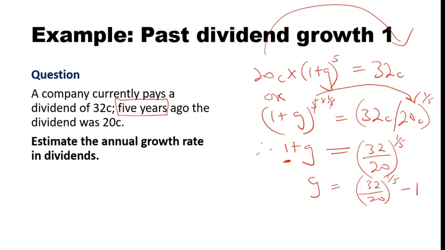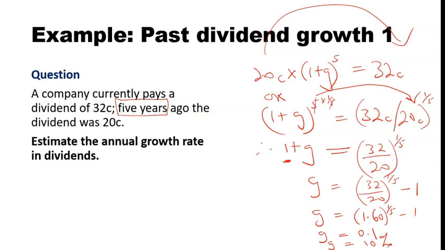Therefore, if you solve using your calculator, you will see that g is equal to 32 over 20, that's 1.6, to the power 1 over 5, minus 1. g is therefore 0.1, and g is equal to 10%.